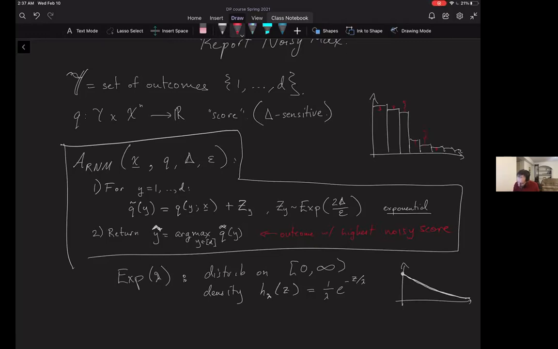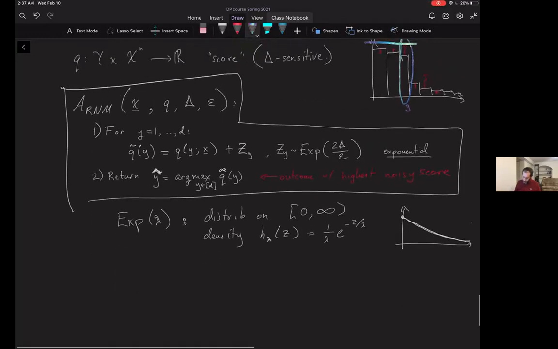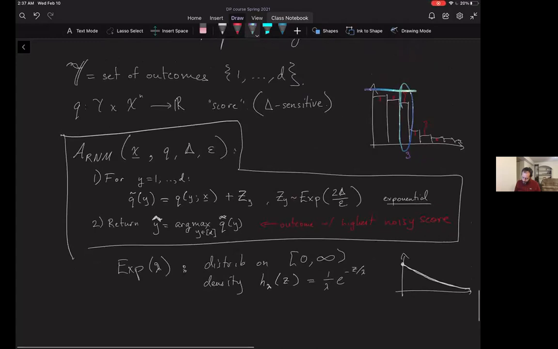Then we take the outcome, which in this case would be this third candidate, because that's the one with the highest score after the noise. So my output would be 3 in this case. This is our algorithm.